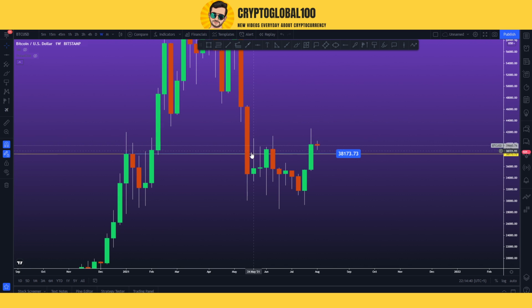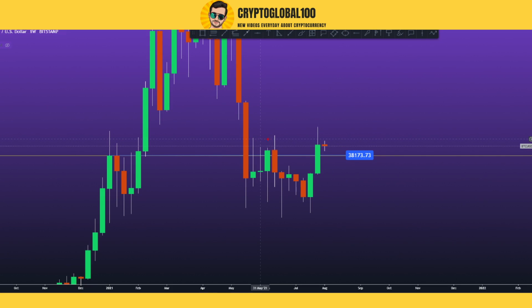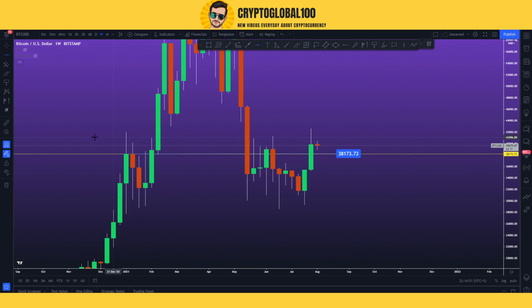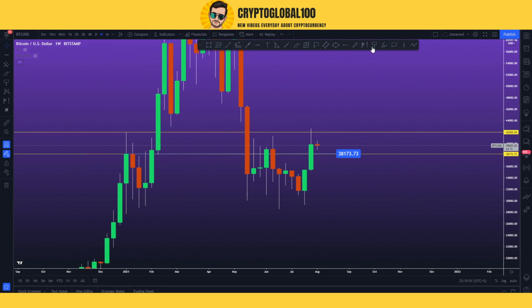Once the price came down, after several weeks the price was still unable to break this level. You can see this level, I'm going to draw the level for now. This one. The price was unable to break the level here, and it was unable to reach this level. So it is the next resistance for us.